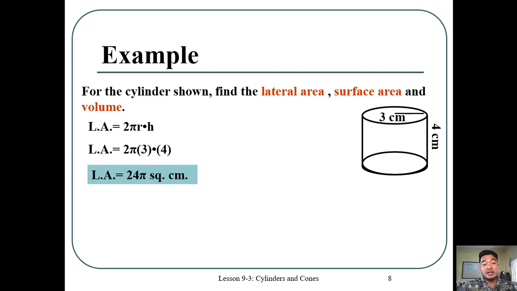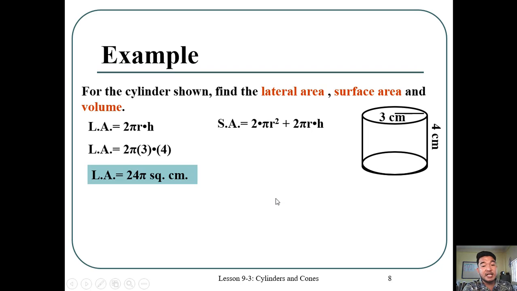Or it can also be expressed in terms of pi, so 24 pi. Okay, 75.36 square centimeters. The same. But in our exams, please express pi as 3.14.